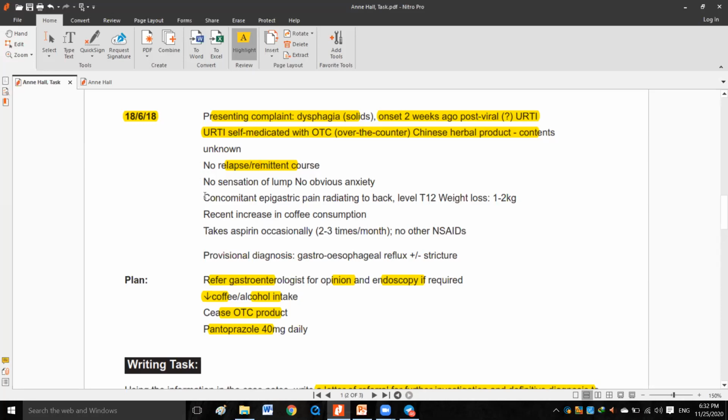No sensation of lump, no obvious anxiety, relevant. Concomitant epigastric pain referred to the back at level T12, weight loss, relevant. Yes, relevant.